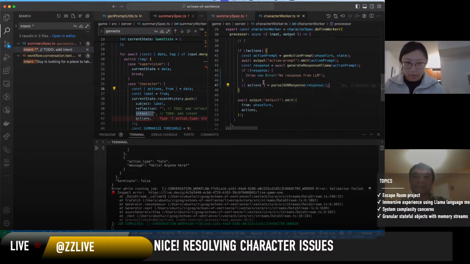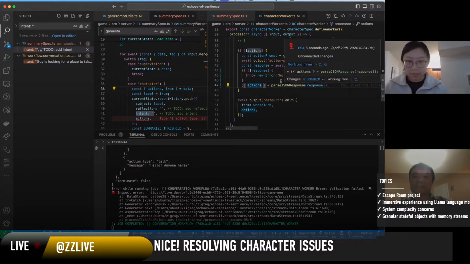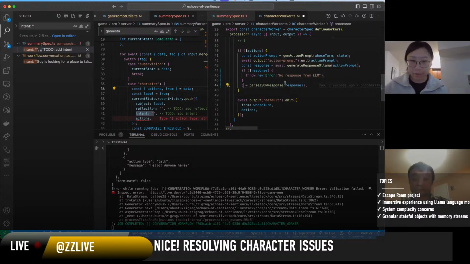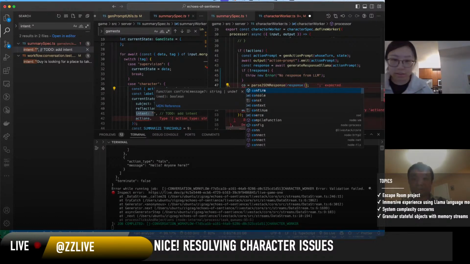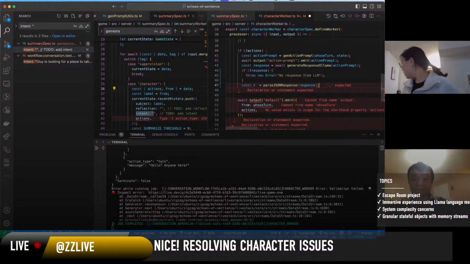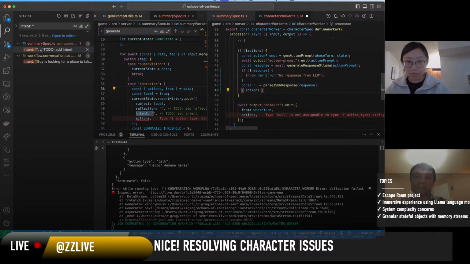Okay. But still, you can't just pass out actions from character worker. You have to pass out intent and objective as well.